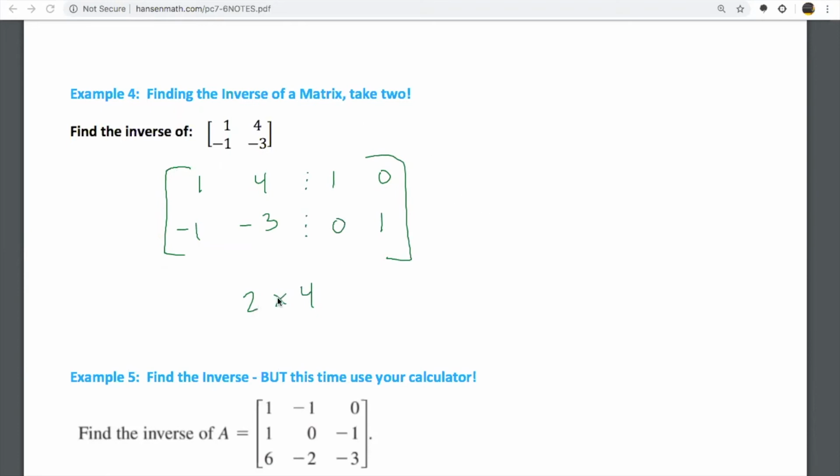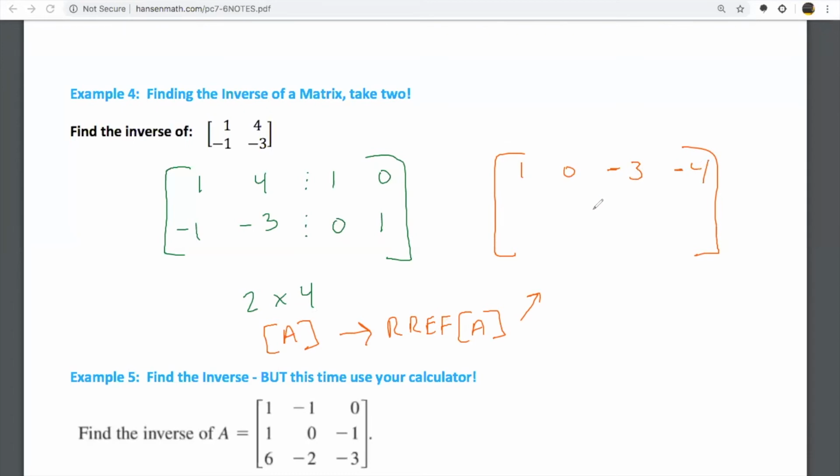Enter this 2 by 4 matrix into, say, matrix A, and then perform RREF, reduced row echelon form of matrix A. If you do that, you should get the following. You should get another 2 by 4 matrix that looks like 1, 0, -3, -4, 0, 1, 1, 1.